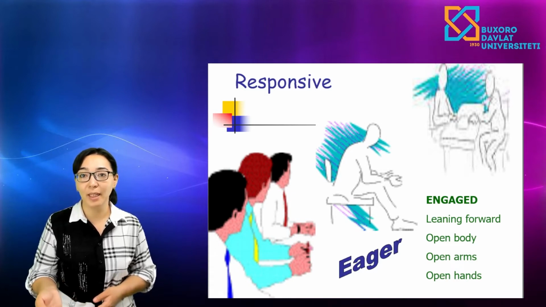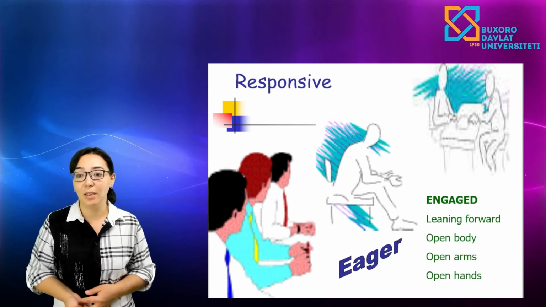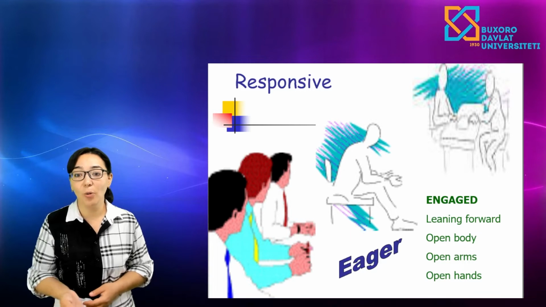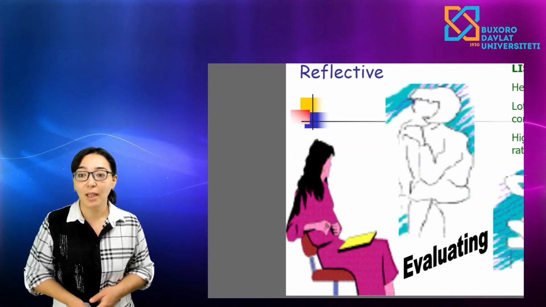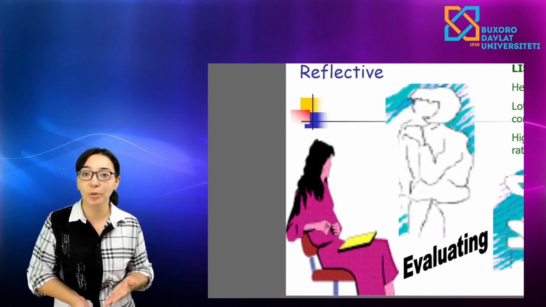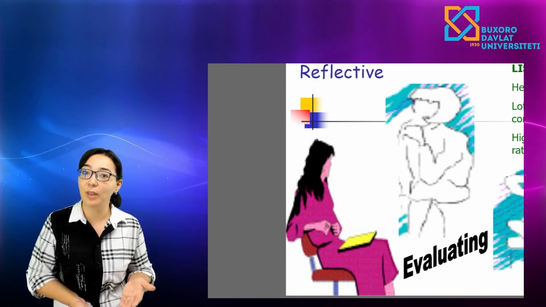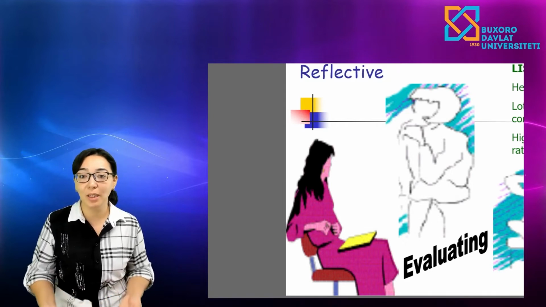Engaged. If you pay attention to the body language of the people, they are leaning forward with open body, open arms, and open hands. Now, reflecting or evaluating mostly refers to body language features of listening, head tilted, loss of eye contact, and high blink rate.